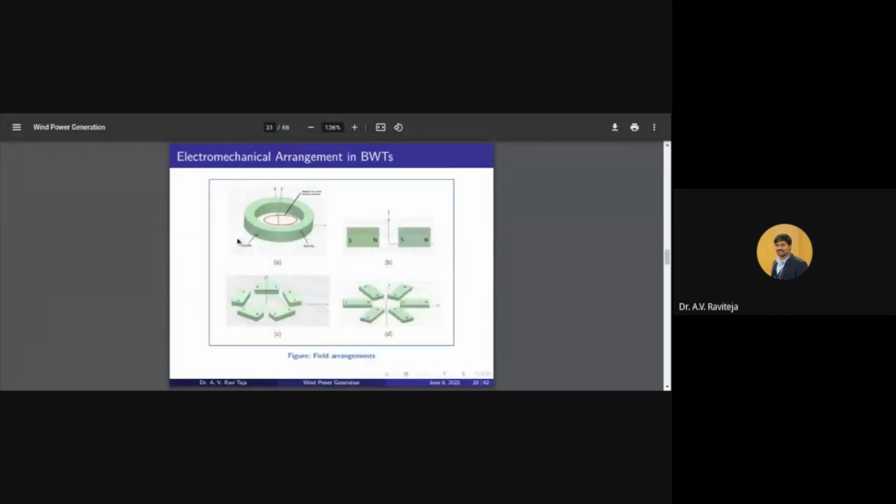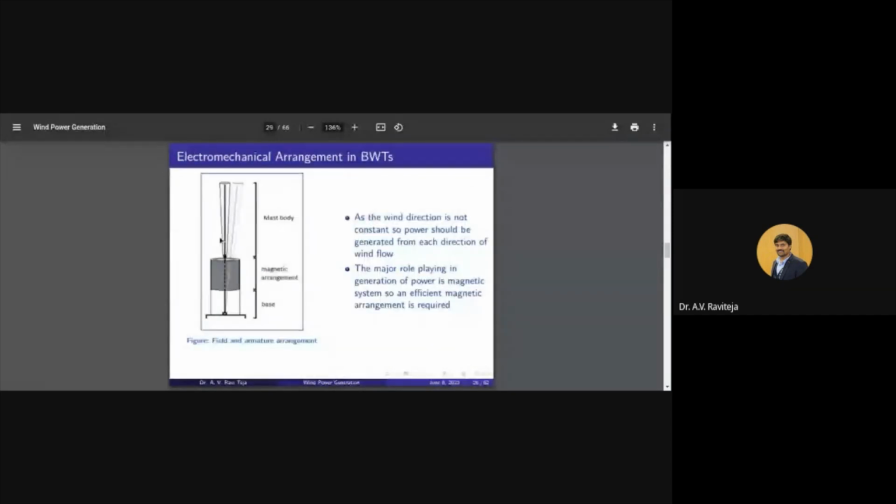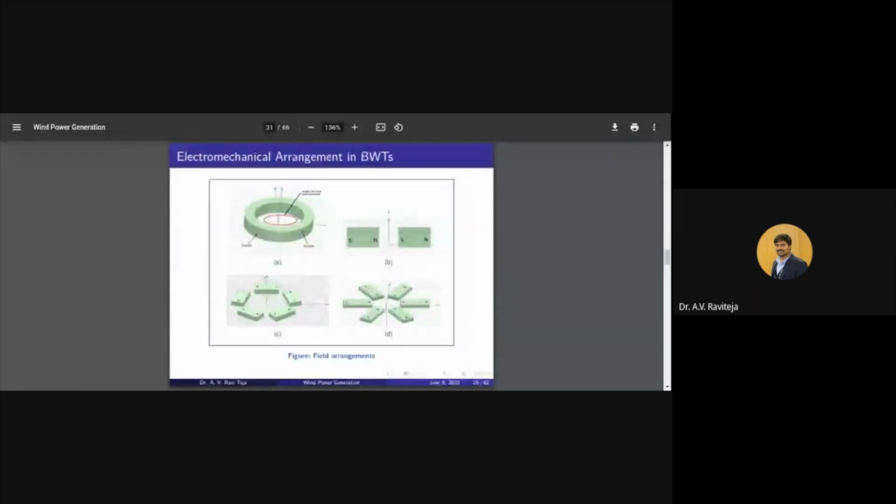Okay, so in this problem we tried different field arrangements. As you can see here, I can use circular magnets or bar magnets placed in different configurations. My objective is, at the center there is the mast which is vibrating, which will give me mechanical motion in all possible directions.